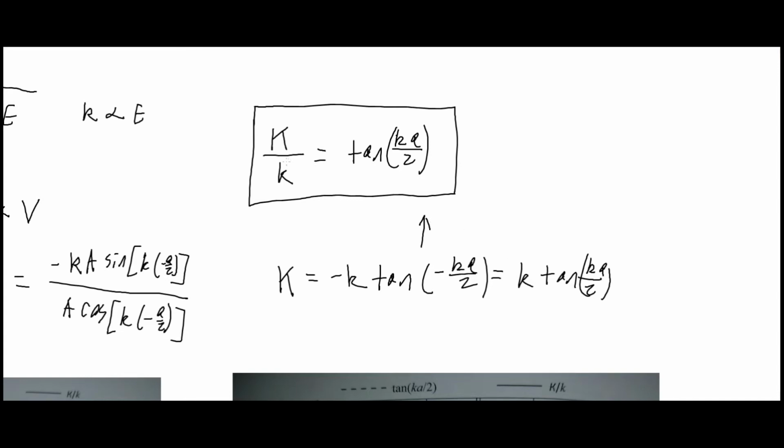What you do is you plot kappa over k for some specific kappa, because remember our kappa is dependent on our potential here, and k is dependent on the energy here. And so we want to find, for a specific potential, what the energy levels of our particle are going to be.